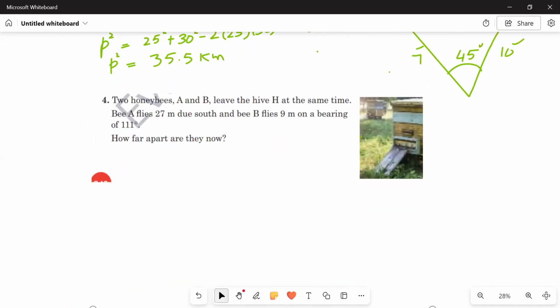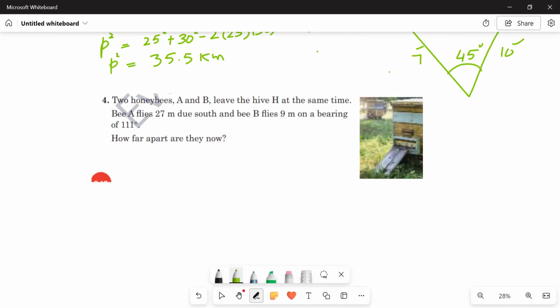Yes. Okay, two honeybees, A and B, leave the hive at the same time. A flies 27 meters due south, and B flies 9 meters on a bearing of 111. How far apart are they now?